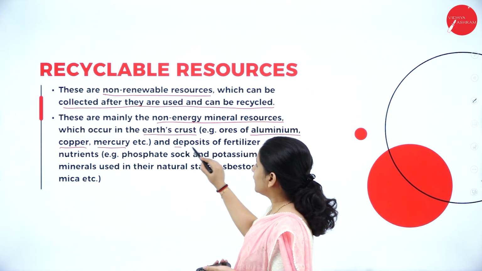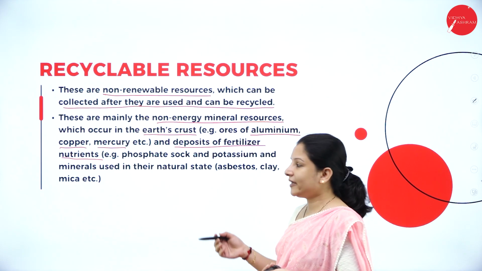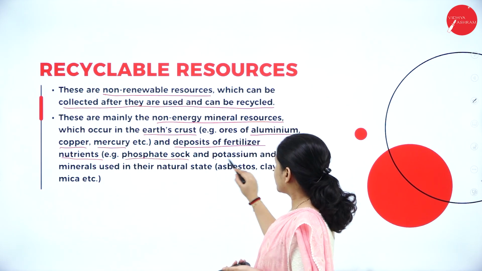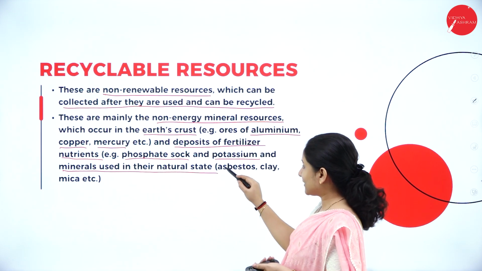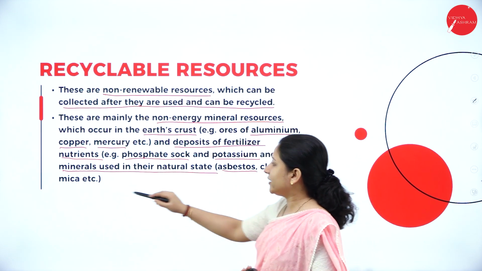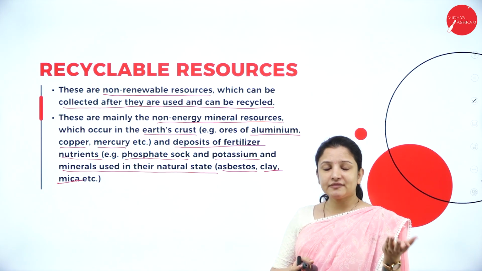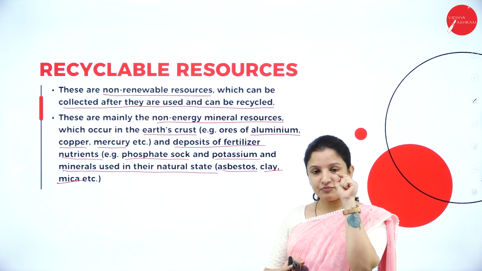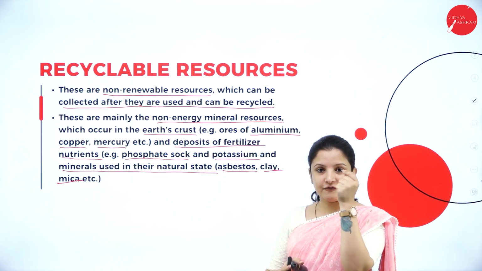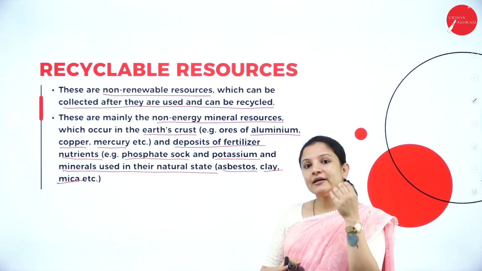And deposits of fertilizer nutrients, as I told you, phosphates and all that. These phosphates and potassium and some of the minerals that are used in the natural state like asbestos, clay, mica, etc. Mica is also got from the earth. When we were young, we used to collect those small shiny plate-like structures from the soil, and we didn't know then it was mica.